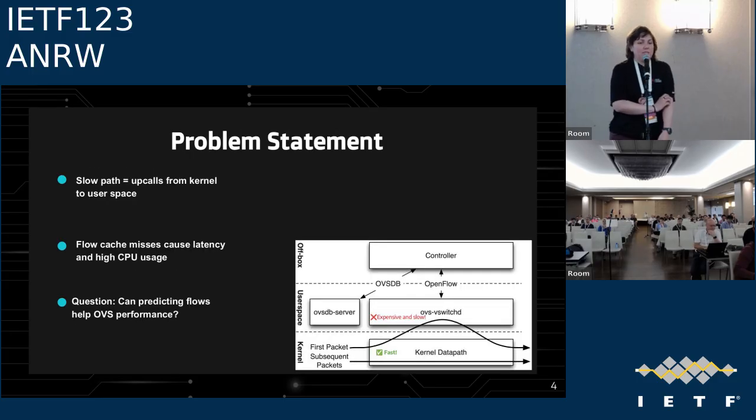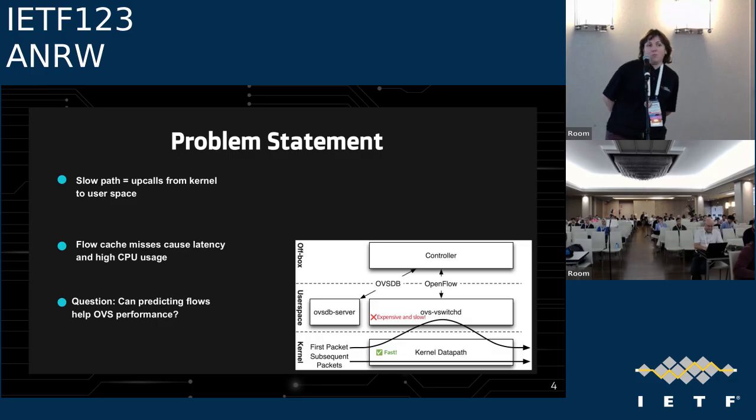So again, to the problem statement here, we go a little bit more into how OVS is implemented. The term that is very commonly used in the OVS community, or OVS Con, the conference for OVS, is upcalls. This is basically when you are going to the control plane in user space to ask the question if data from a flow from packets that are arriving already exists or not.